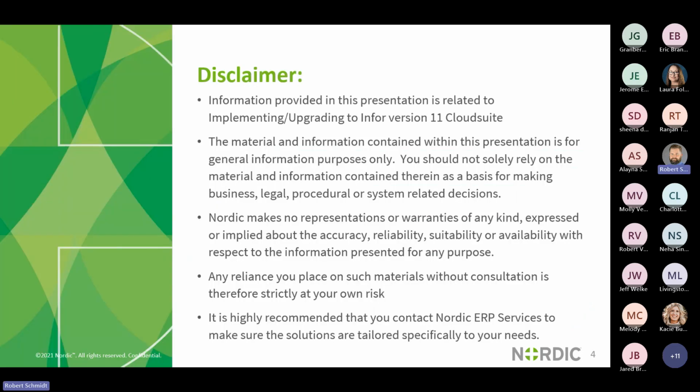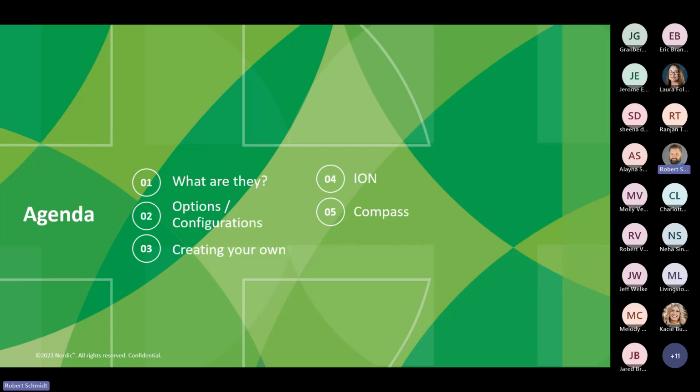Just a quick overview, and a quick disclaimer based off the information that we're going to be looking at today. We're going to look at, in essence, what replication sets are, with some real quick, high-level options and configurations. If you're looking for more in-depth on that, we did a previous presentation, and it's out on our YouTube channel.